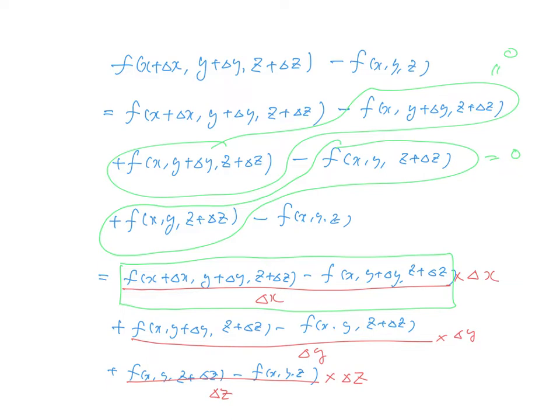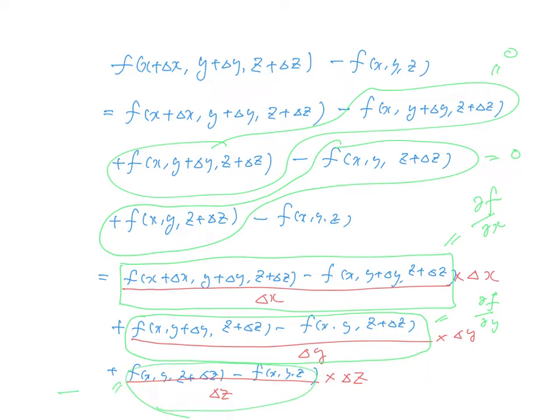So if you remember your freshman calculus class, this is going to be partial f, partial x, right? Likewise, the second expression becomes partial f, partial y. And the third expression becomes partial f, partial z.